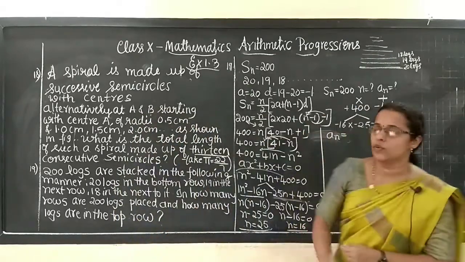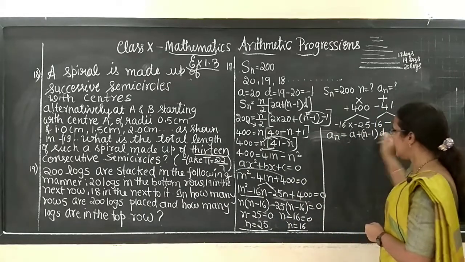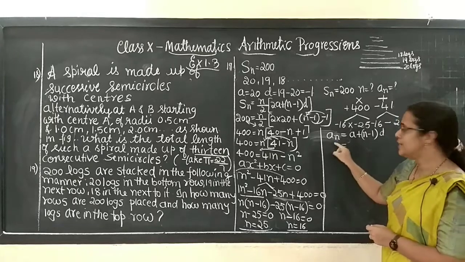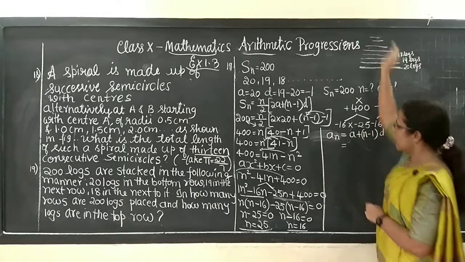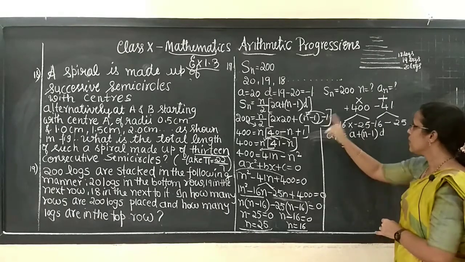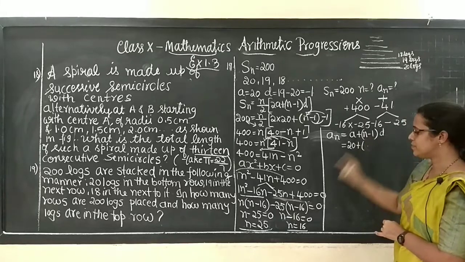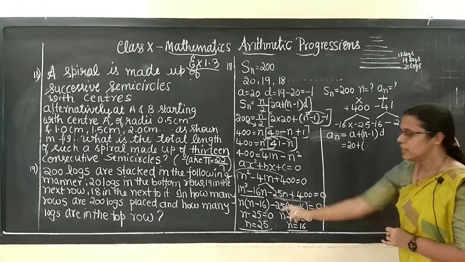Okay, so an is equal to a plus n minus 1 into d. An means the last row. Here a is 20 plus n, once you have to put 25.